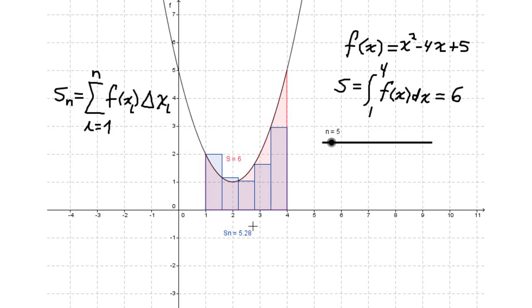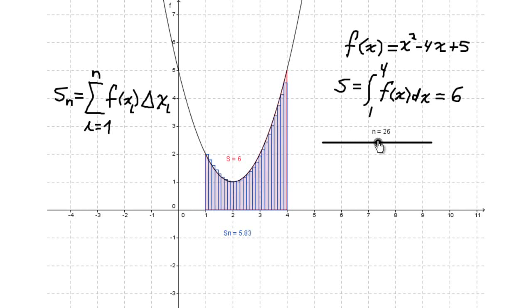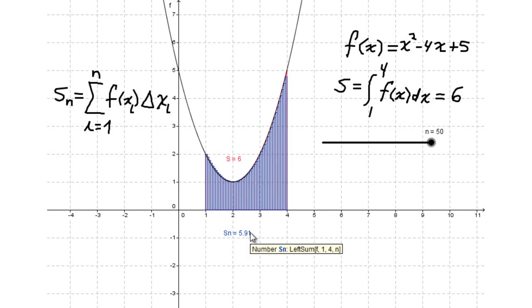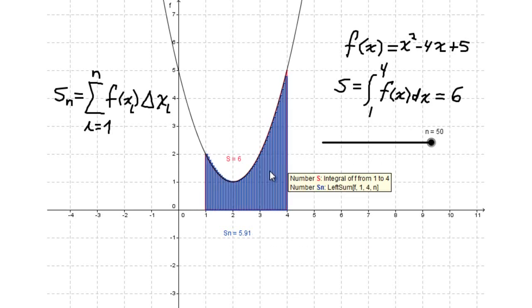You see it's 5.28, and little by little as you increase the number of rectangles, wow, the area is approximated. I'm using in total 50 rectangles, and look, the answer is almost 6. It's 5.91. So if you increase the number of rectangles to infinity, you obtain exactly the area under the curve.